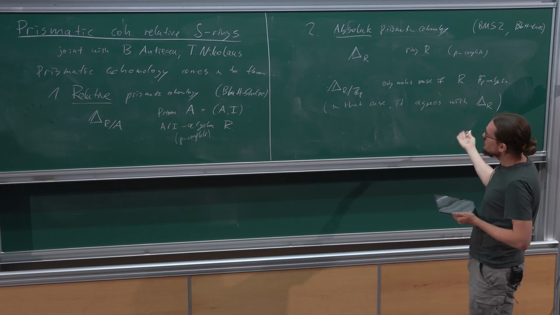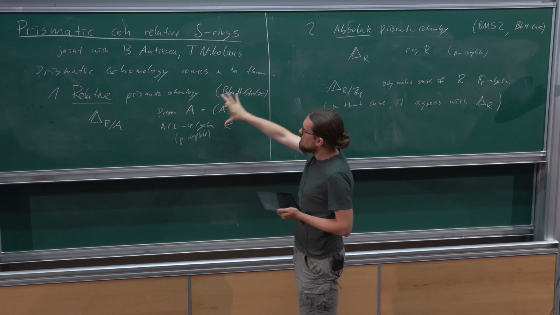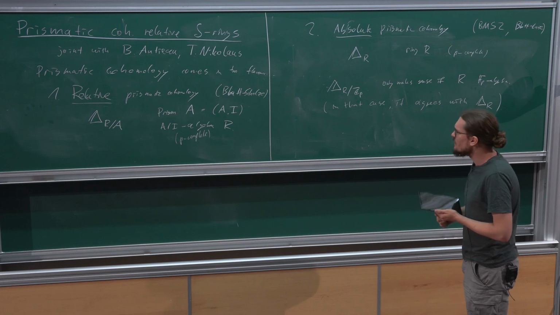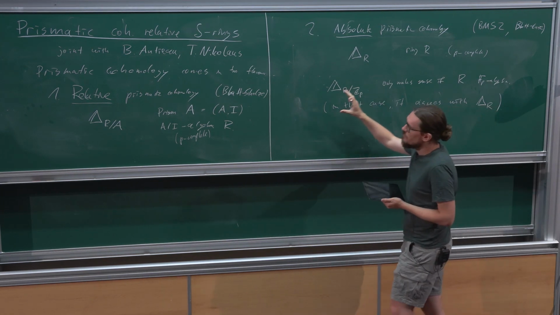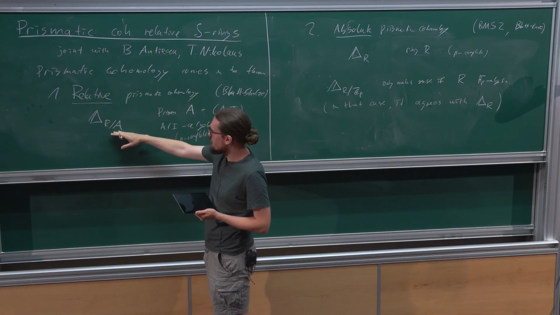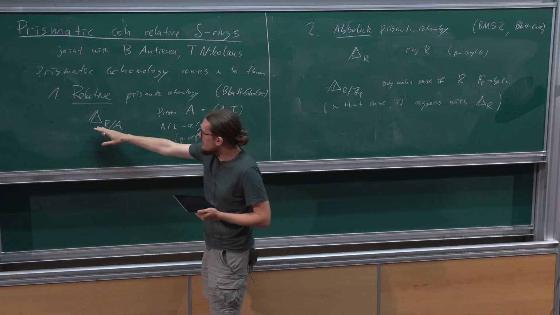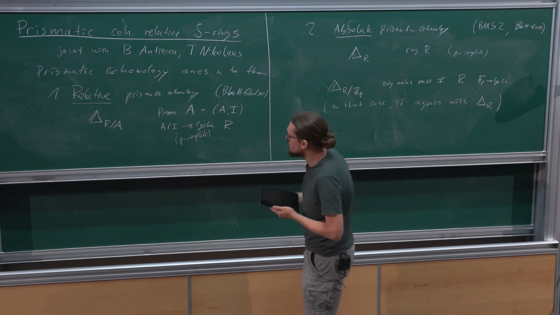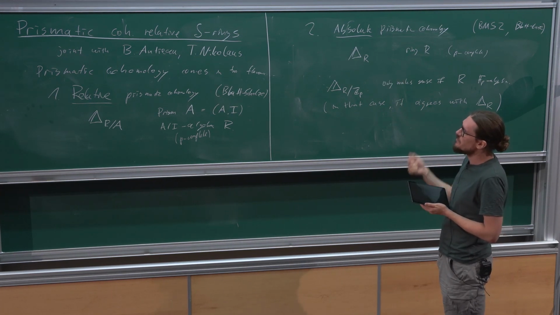And so what I want to explain to you today is that there is a version, a common generalization of these two things that just makes sense in general for a pair of any delta ring A. You don't need to fix a prism structure, and any algebra over A. You don't have to be an algebra over some nice quotient of A. So that's what I mean by prismatic cohomology relative delta rings.